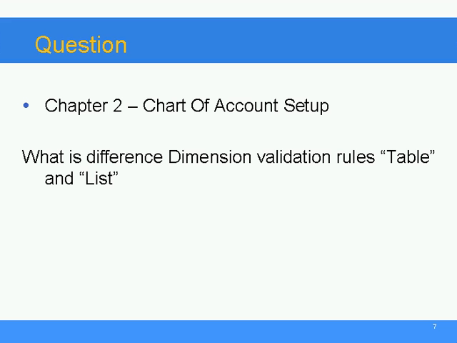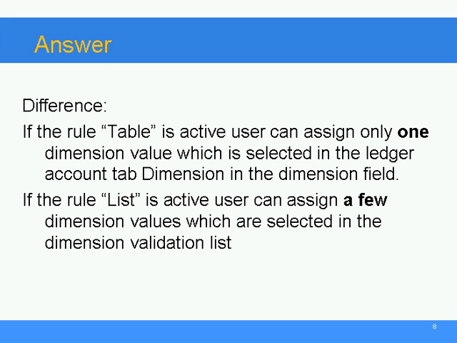I received some questions. The first question is about Chapter 2, chart of account setup. What is the difference between dimensionalization rules table and list? The difference: if the rule table is active, the user can assign only one dimension value, which is selected in the ledger account tab dimension in the dimension field.